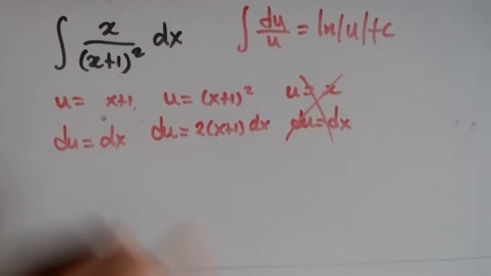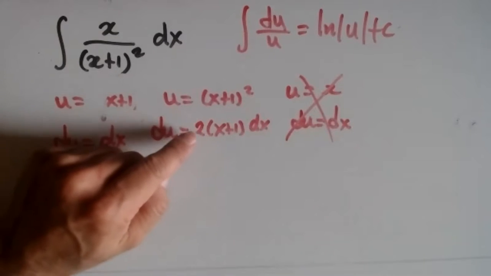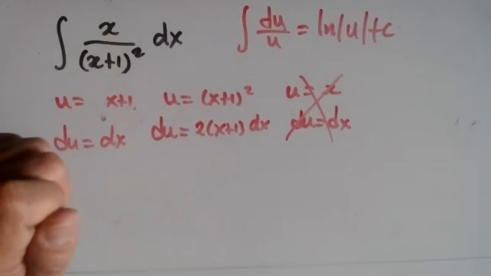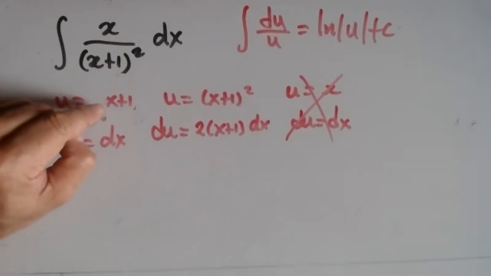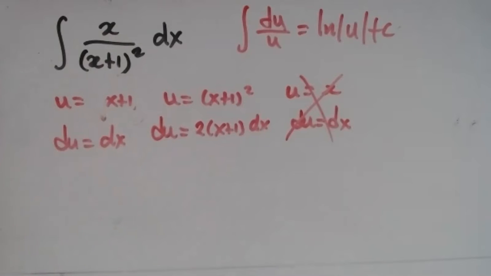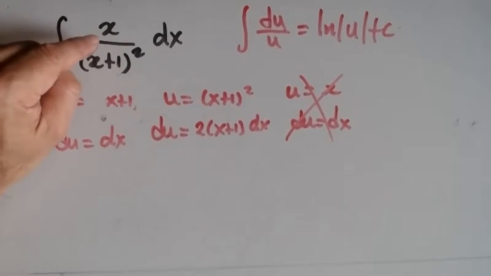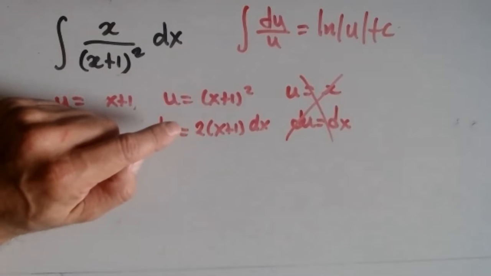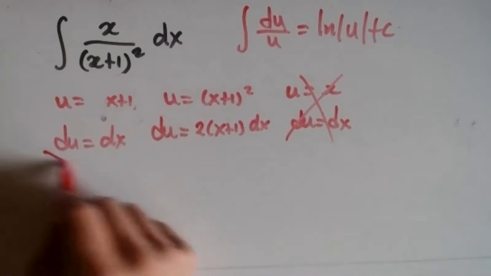If you take u equals x plus 1, you have at the top 2x plus 1 and you have only an x. And if you take u equals x, you have only the dx. So in one I have this x extra, and here I have a 1 that I cannot really find. So let me just try the first one.